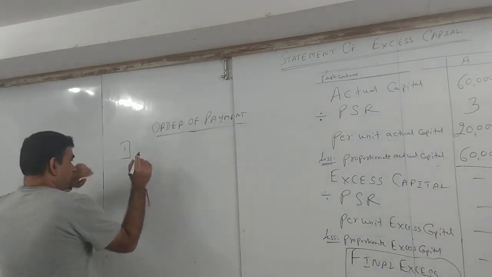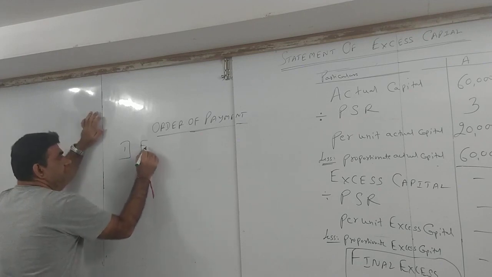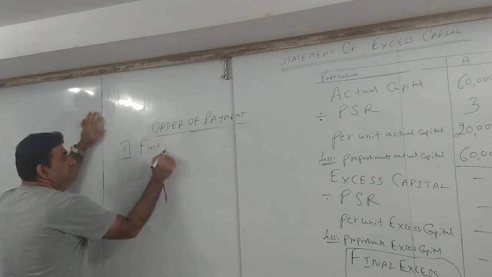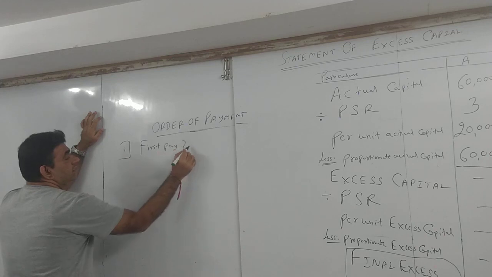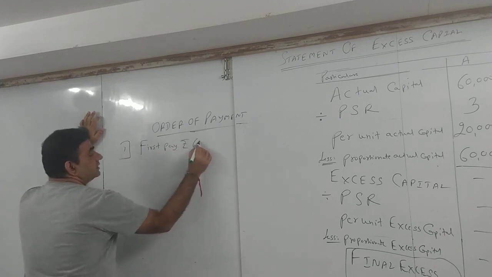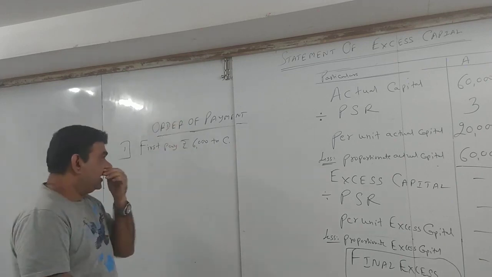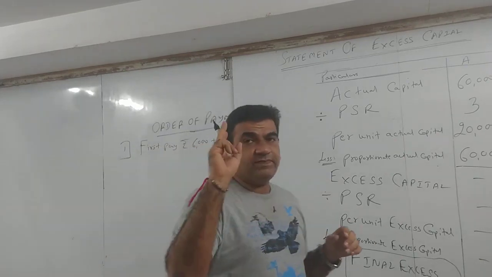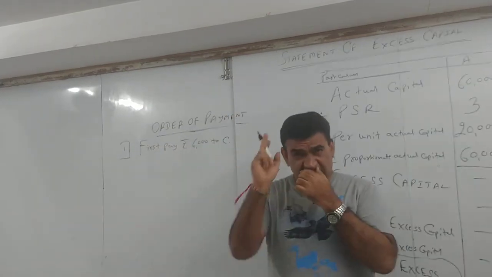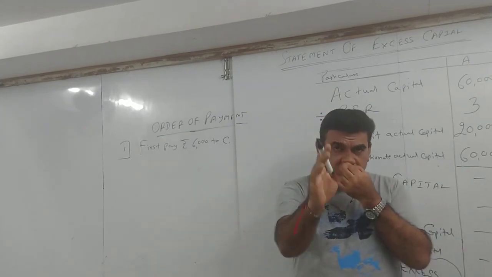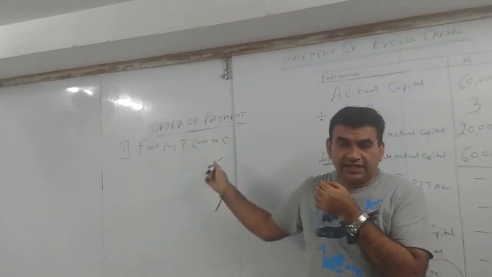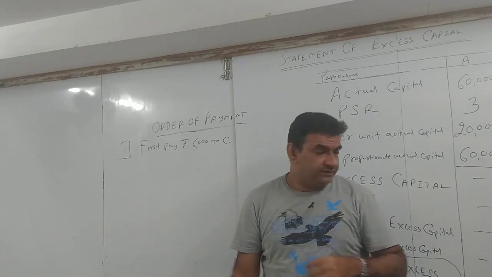Number 1, write down: first pay rupees 6,000 to C. Okay? My first order is pay rupees 6,000 to C. Don't worry if you are not able to see closely. After the class, as I told you, I take the close pictures and send it on the board.